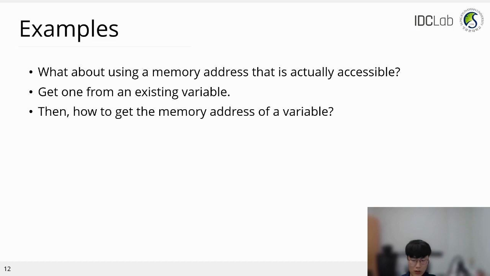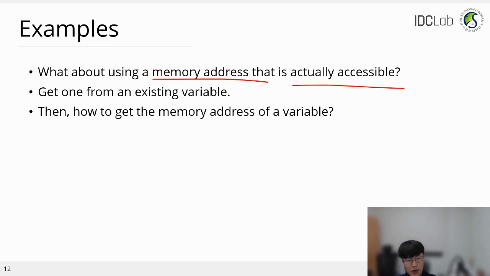To make the previous example run, we need to use a memory address that is actually accessible. One simple way to do this is to define a variable. If you define a variable, the operating system allocates some memory space that corresponds to the size of the type of the variable, and this memory space is totally accessible.